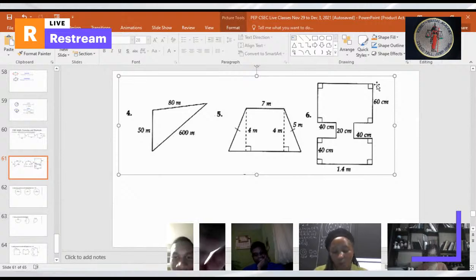All right, 1.4 meters is how many centimeters? Miss, 140. Okay, so 140 plus 140 is 280.